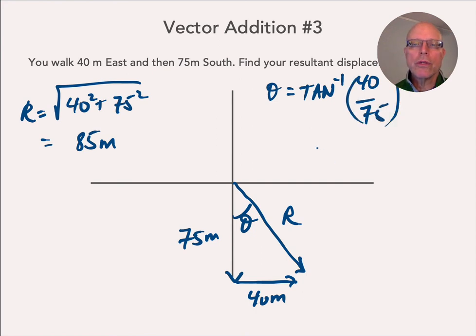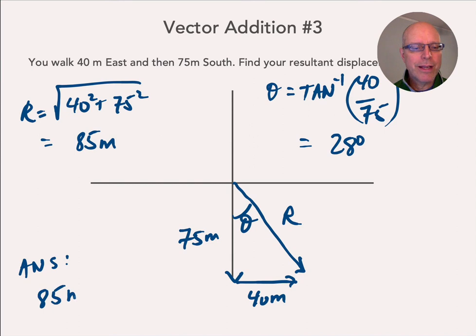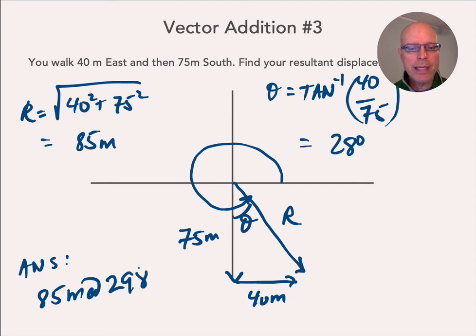So you can certainly use your other trig functions if you like to, but I like the tangent. And that comes up with 28 degrees. So my final answer is going to end up being 85 meters at, and let's think it through now, 0, 90, 270, 270 straight down, right? Plus 28, 270 plus 28 looks like 298 degrees every day of the week, and that's how you do it.